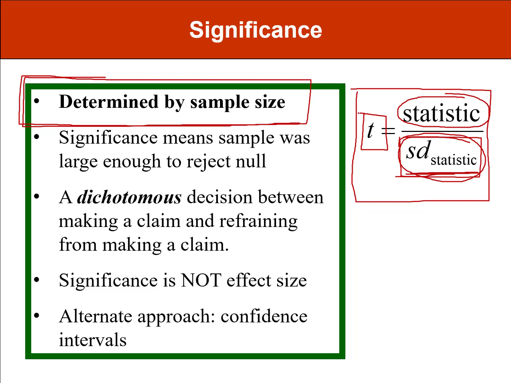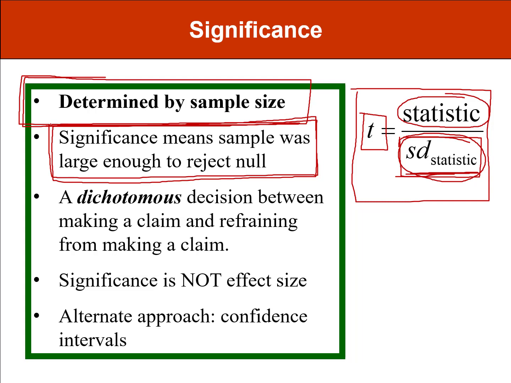And this is a very good way of understanding what a t-value is, and a very good way of understanding what it means when we get significant results. So if we do a study and get significant results, it means that the sample was large enough to reject the null hypothesis. The sample was large enough to conclude that you have discovered some non-zero effect. Recall that significance testing is a process we use to address that question of whether results for a study might be explained by chance.